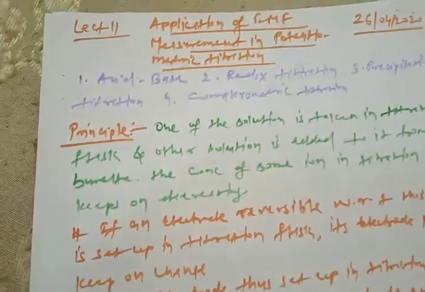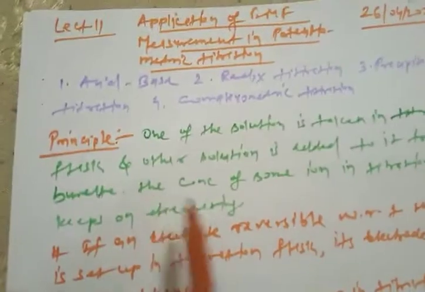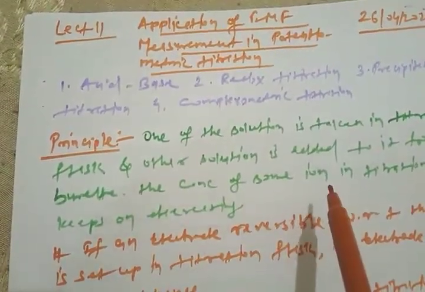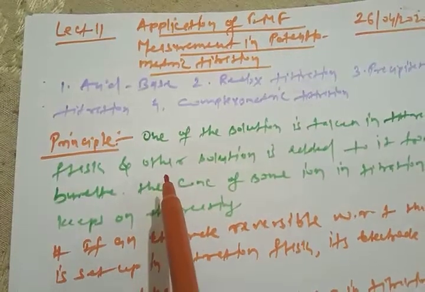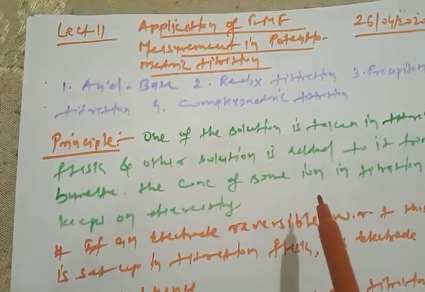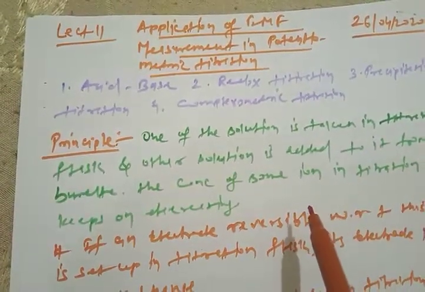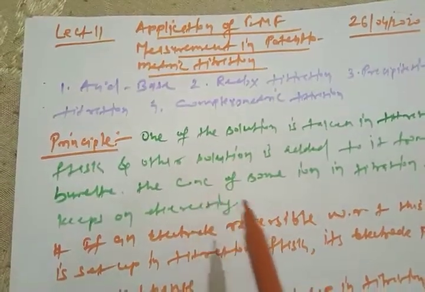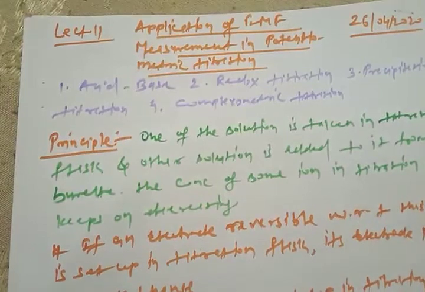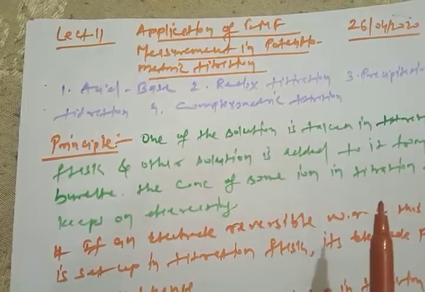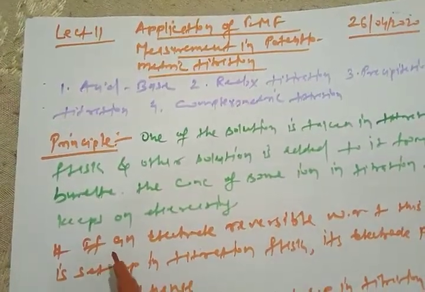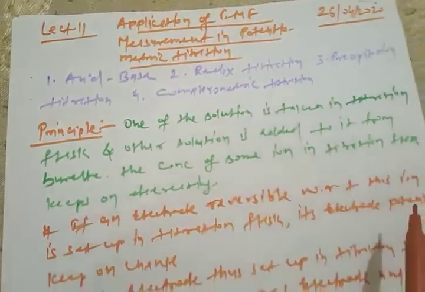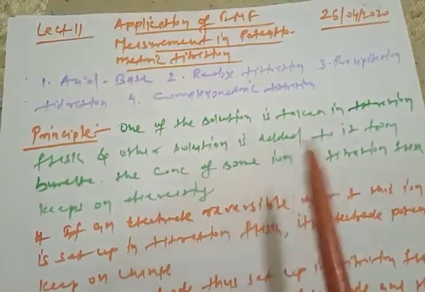Okay, here we will start with the same procedure. We'll have a titration flask and a burette also. In the titration flask we'll take a solution of unknown concentration, and in the burette a solution of known concentration. Then we will take an electrode reversible with respect to this ion, the ion of the titration I'm talking about.